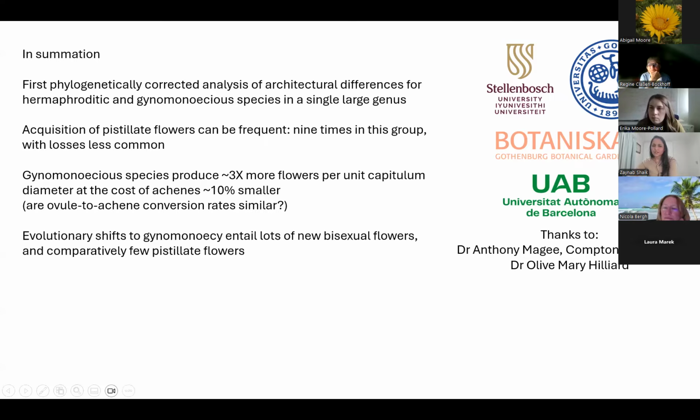Is the suggestion that these peripheral flowers are temporarily bisexual? I didn't quite catch that part. Maybe I should read the question. I was going to say, I think he clarified that the heads are temporarily unisexual.